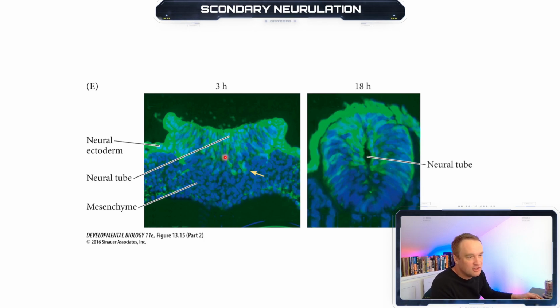So you can see here that these cells are starting to coalesce down here. The neural tube is going to start to form.